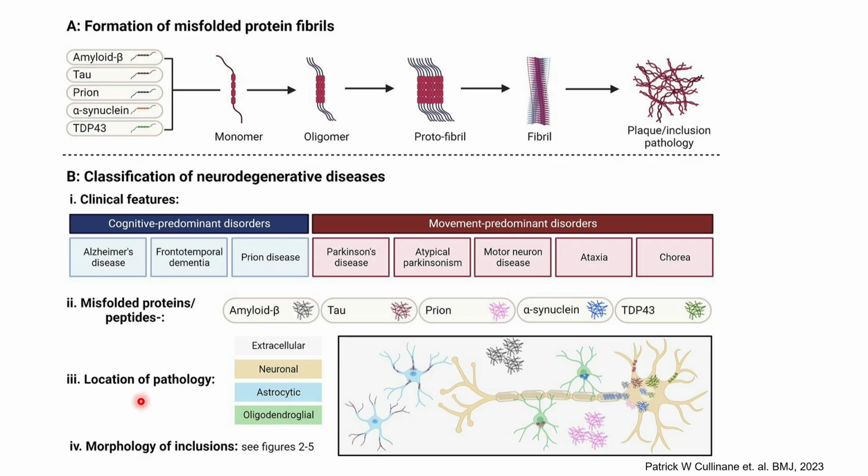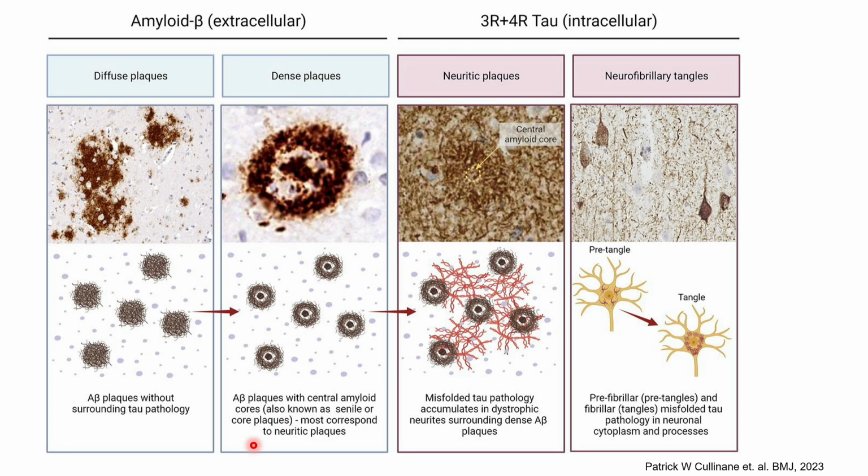We have already discussed that the misfolded proteins are amyloid, tau, prion, and the location of the accumulation could be neuronal, astrocytic, and oligodendroglial as well. Pathologically, we say Alzheimer's disease is mixed.